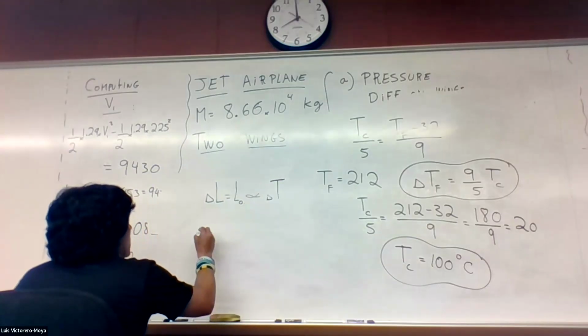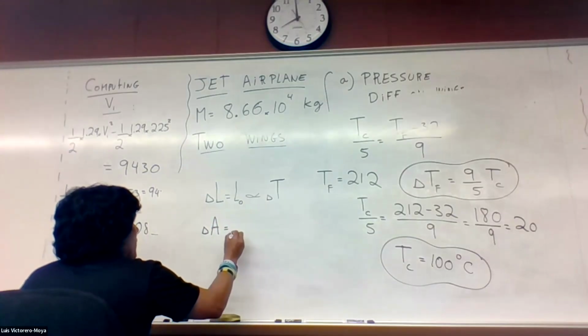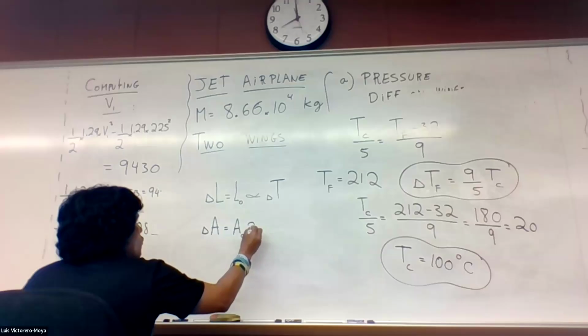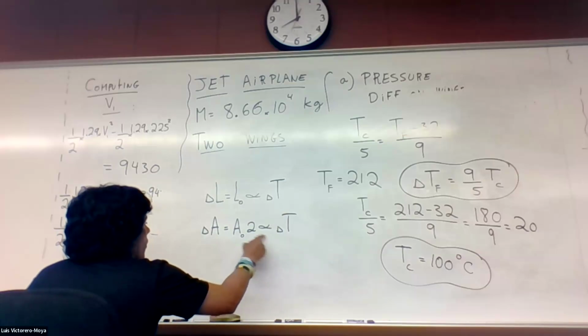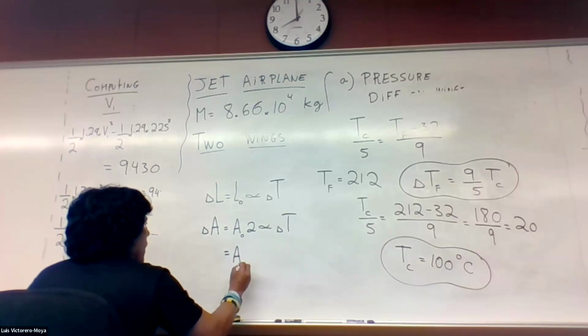But if you're looking at change in area, that's your initial area, twice the coefficient, so it doubles, change in temperature. So sometimes they call this a gamma factor.